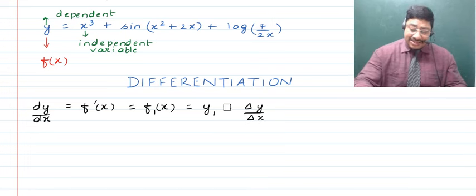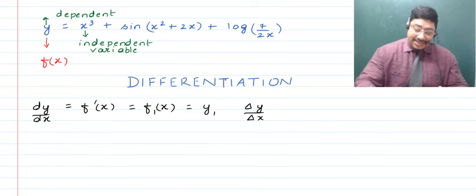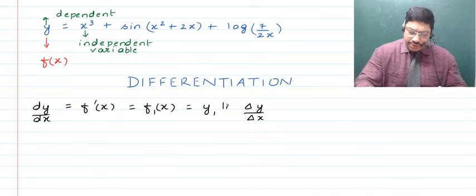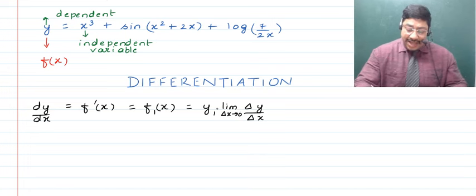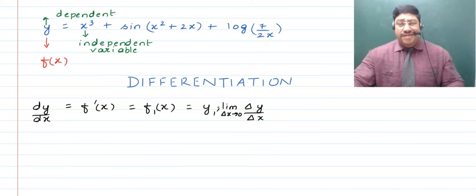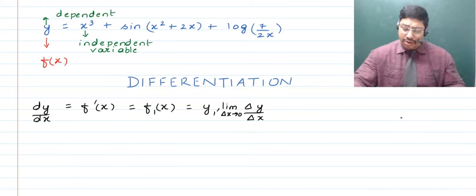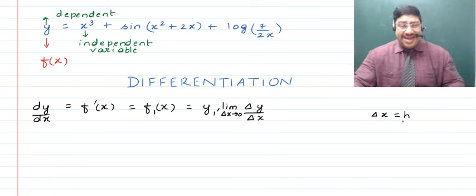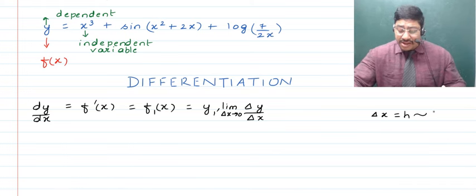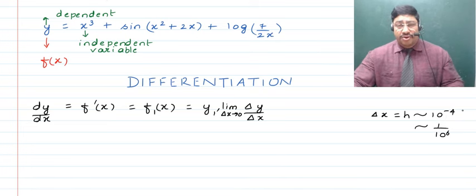But in this there is a speciality: delta x should be infinitesimally small, right? What does that mean? That means the value of x should be really small, and normally this delta x is also represented by h, as I'm going to tell you in times to come. Its value is approximately 10 raised to the power minus 4, or 1 upon 10 raised to the power 4.